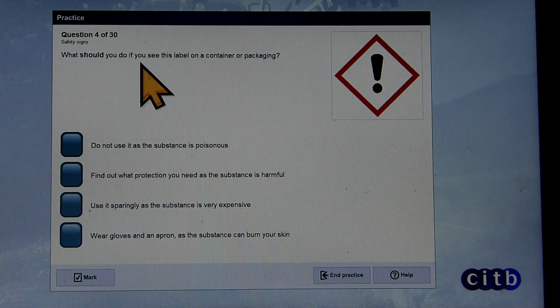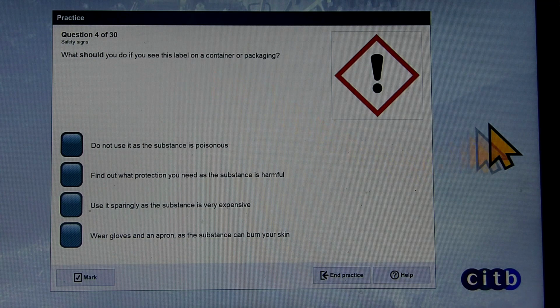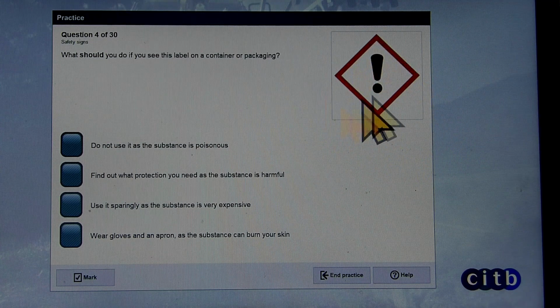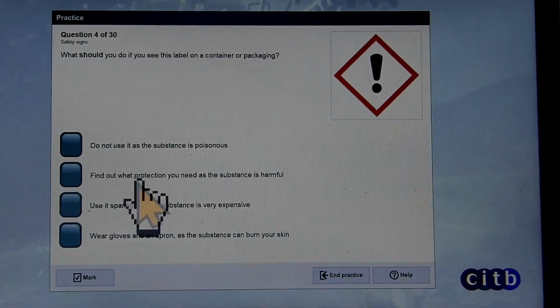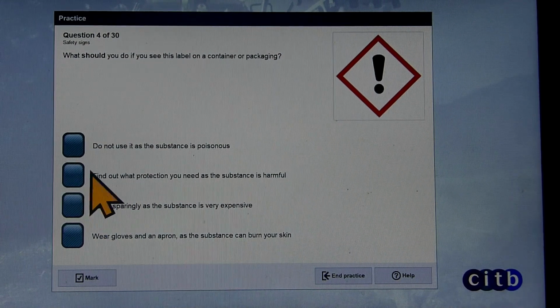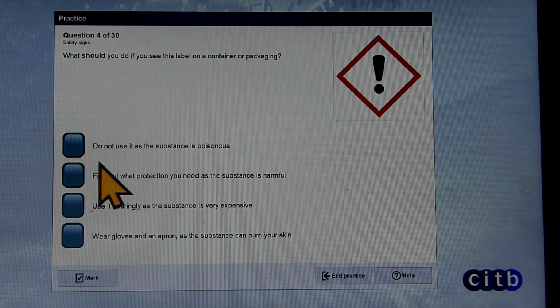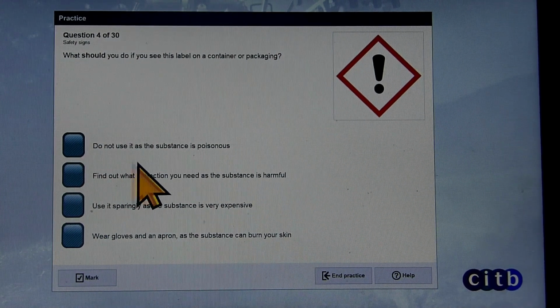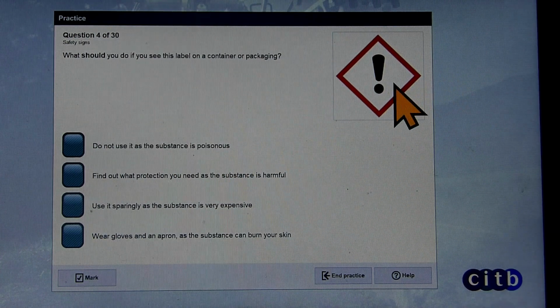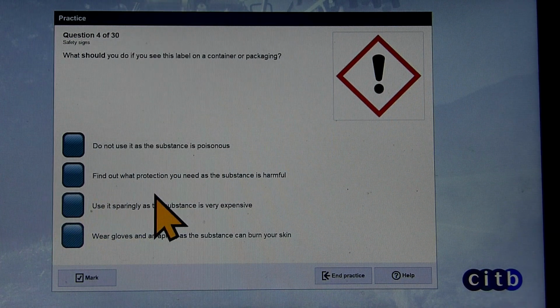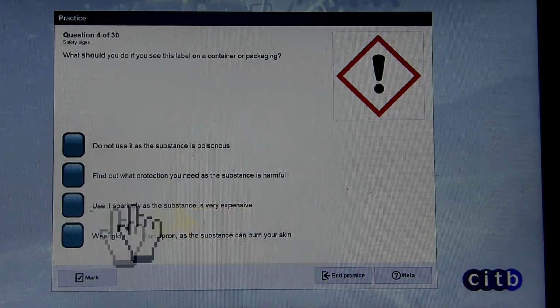What should you do if you see this label on a container or packaging? If you see this type of label or sign on a packaging or on a container, what do you do? That's the question. Do not use it as the substance is poisonous. Find out what protection you need as the substance is harmful.